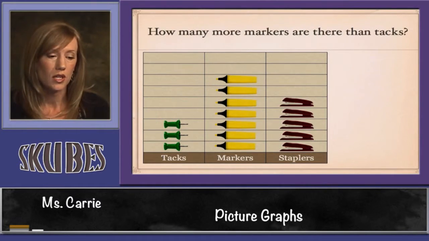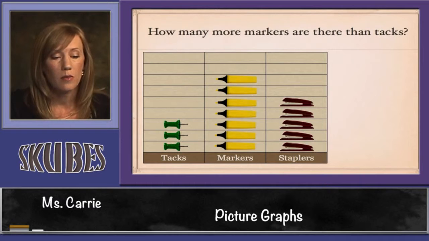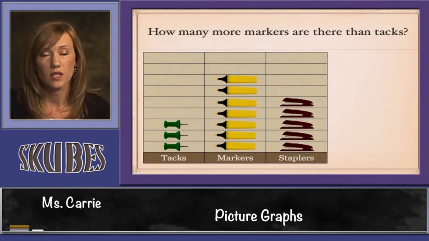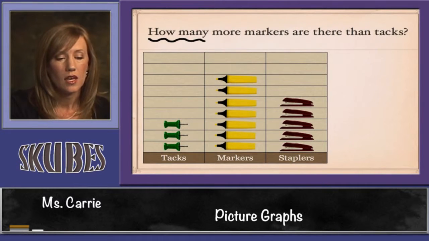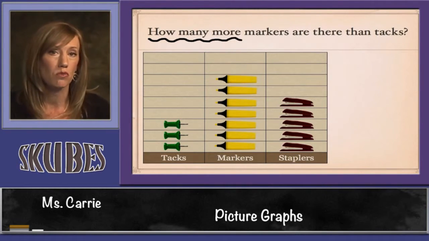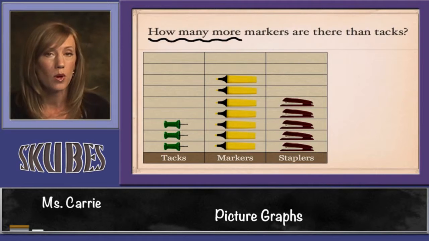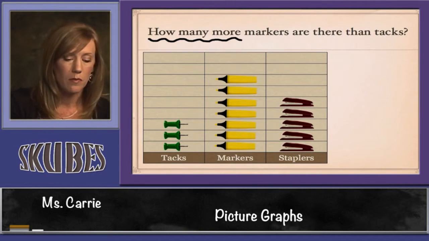Let's ask another question. This question asks, how many more markers are there than tacks? We have to remember that whenever we see how many more, it means to subtract. I always like to say how many more means minus. That always means subtract. Well, to do that, we have to add up our markers first to see how many we have.